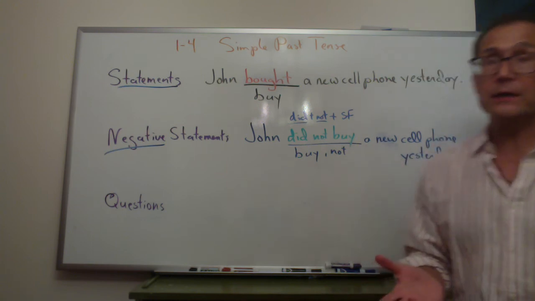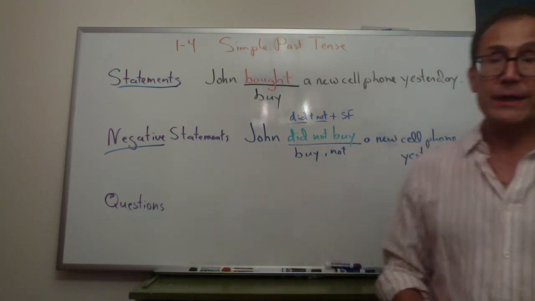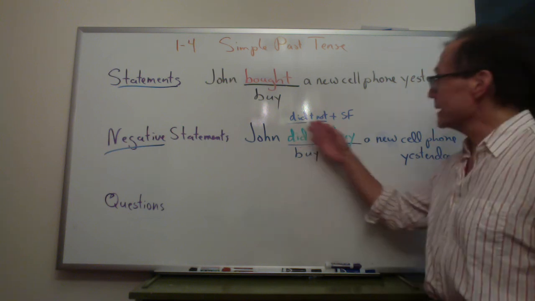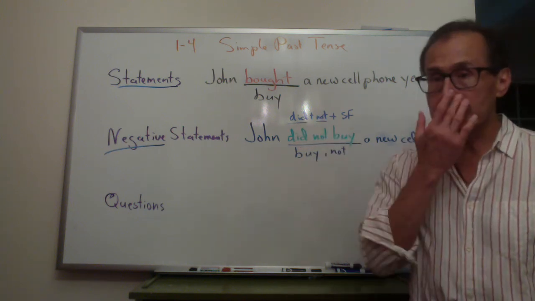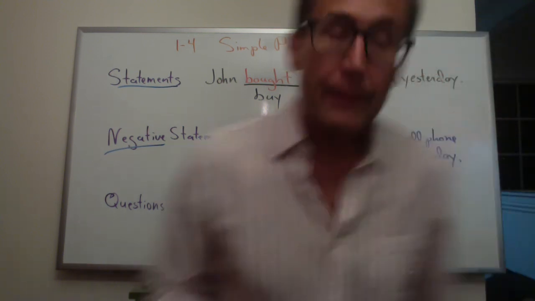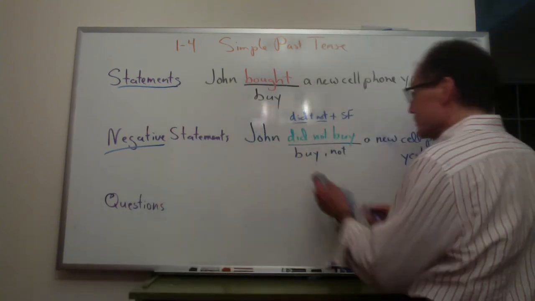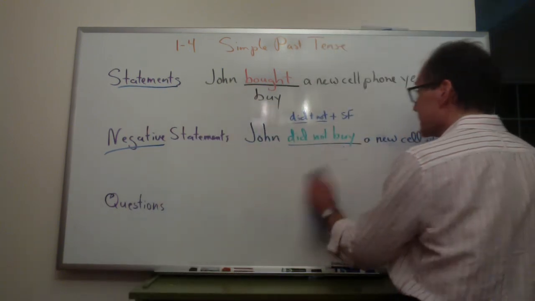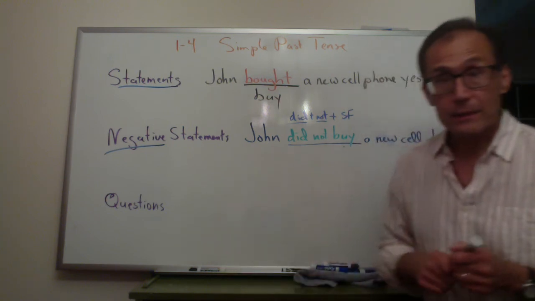John did not go to the mall yesterday. We did not have class yesterday. I'll always use did and not and simple form to make a negative statement in English, unless the verb is be. Be is always weird in English. Now, I have a question for you at this point. Can I say this?